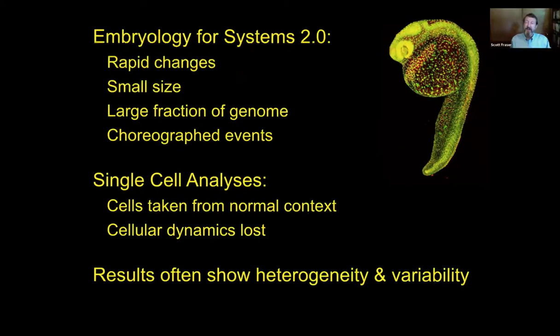We don't see the context in which they're sitting. And we also don't know what happens next or what happened before. The dynamics are really lost. So one of the issues is that these analyses show huge levels of heterogeneity and variability, which we have to try to make sense of.